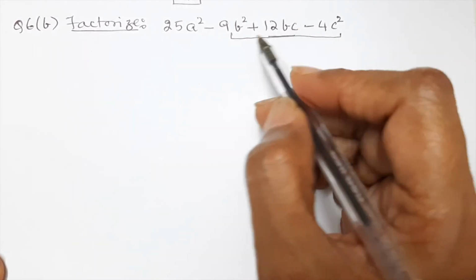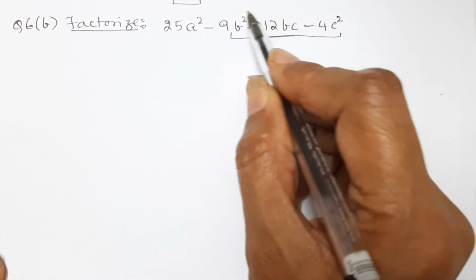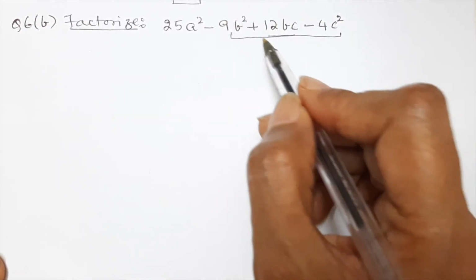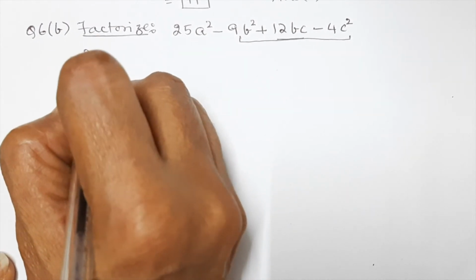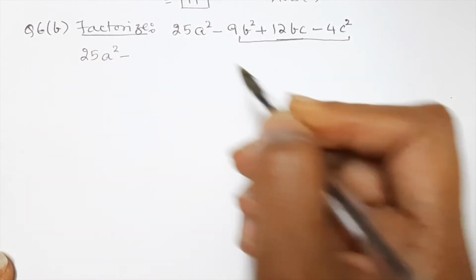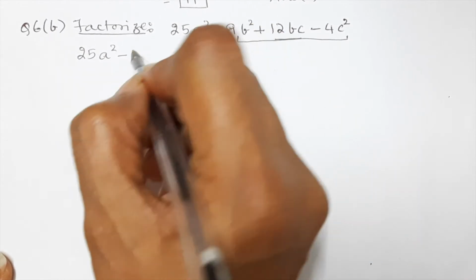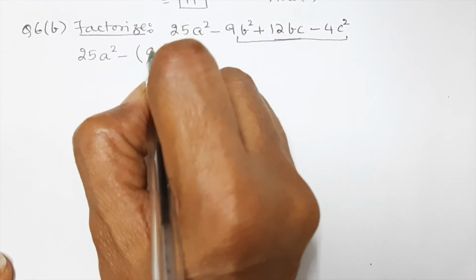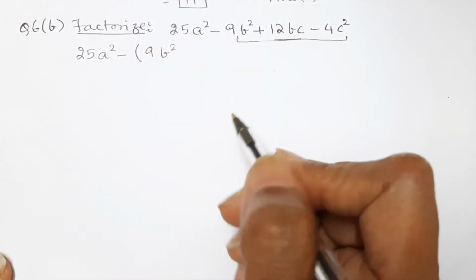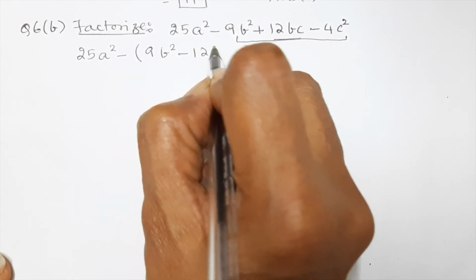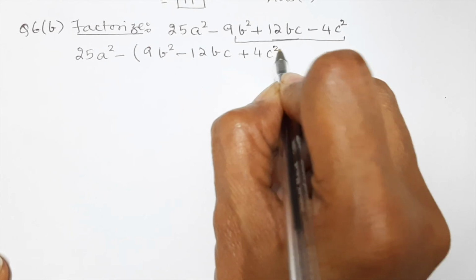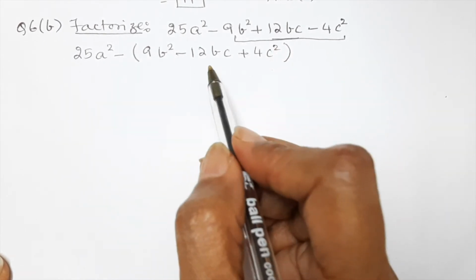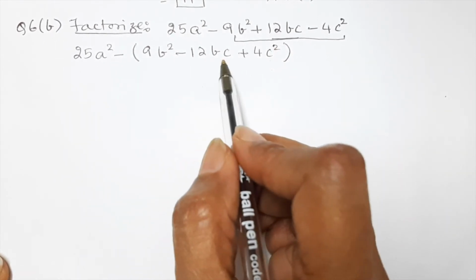They have been used in this particular expression, and that is a perfect square. Let us see how. 25a square minus, we will take out this minus sign common, it will be 9b square inside the bracket minus 12bc, and this becomes plus 4c square. Now check, the middle term should be 2ab.